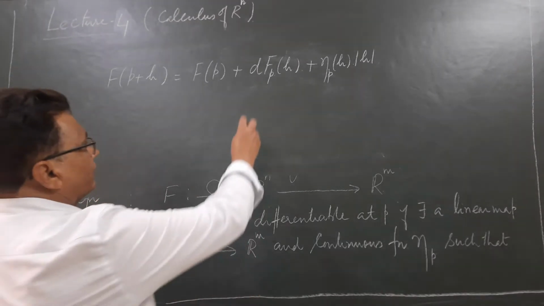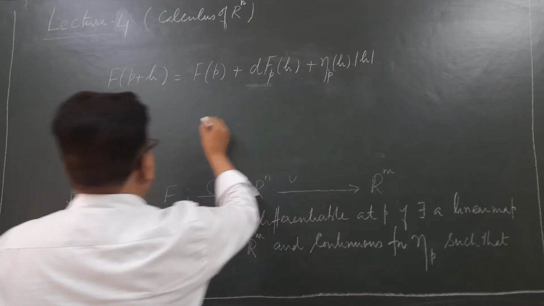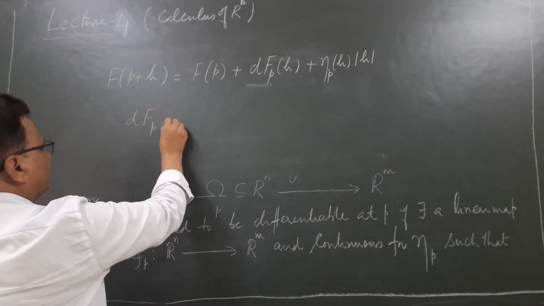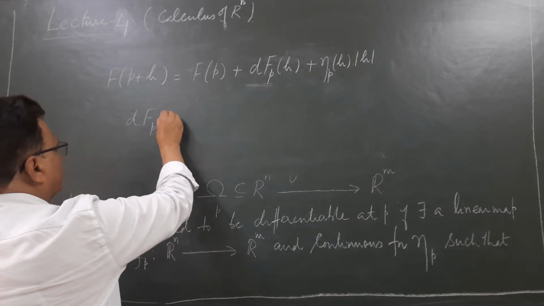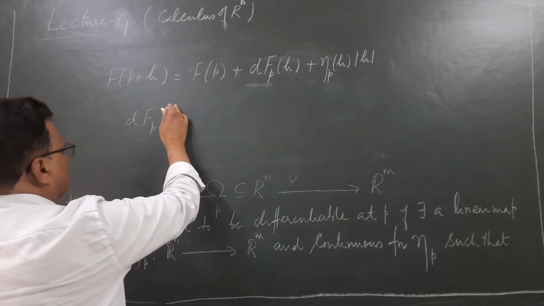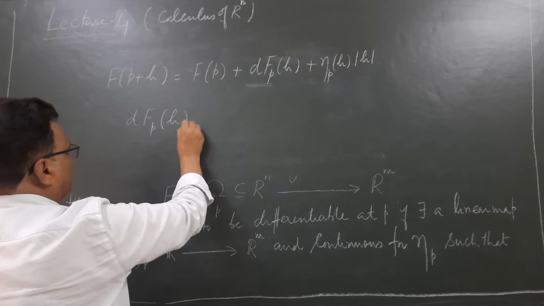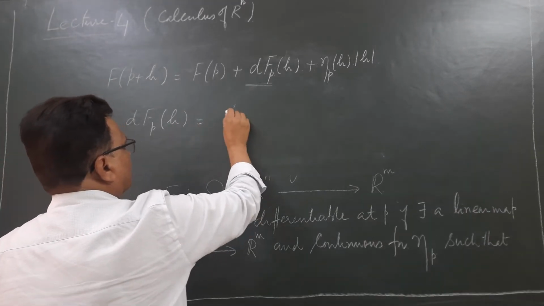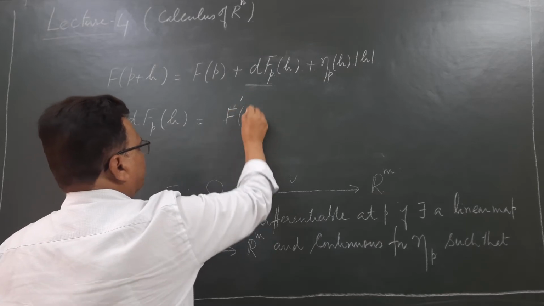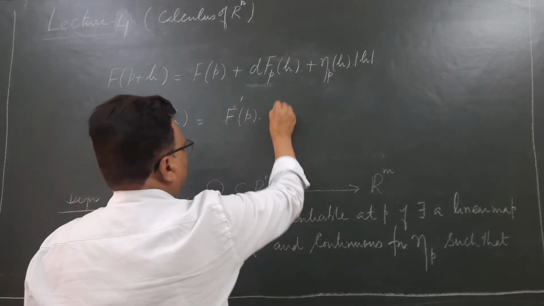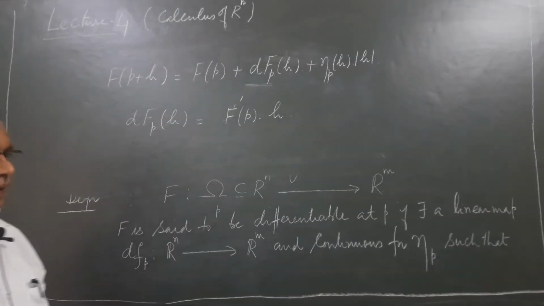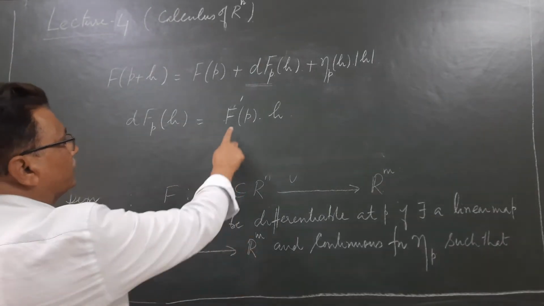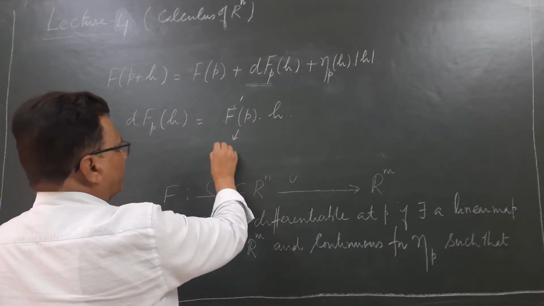Now, since dfp is linear, dfp h will always be given by f dash p into h. Now, this is a linear map from Rn to Rm. So, this f dash p must be an m by n matrix.